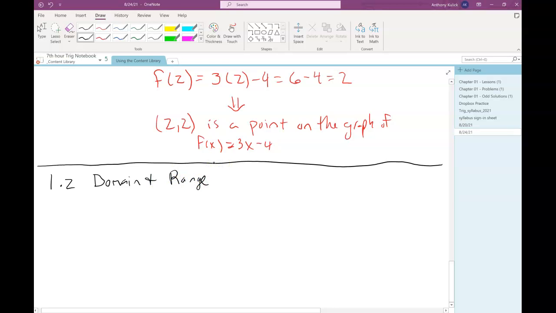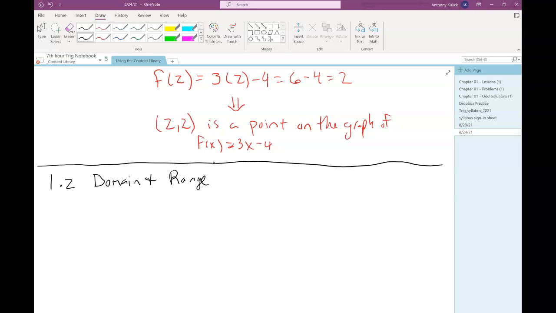We're going to talk about domains and ranges. If you remember back from our definition of a function, the domain and range were both sets. One way to represent a continuous set is with something called interval notation.